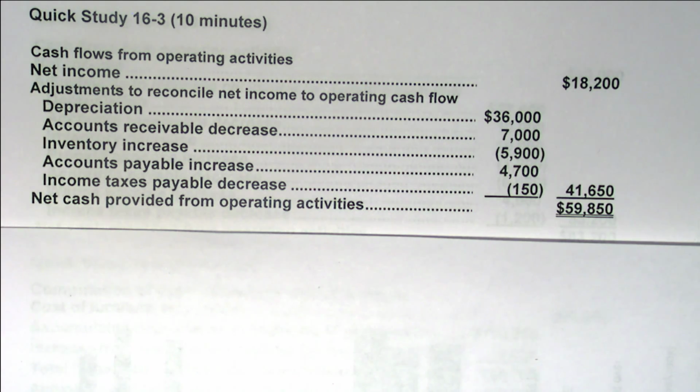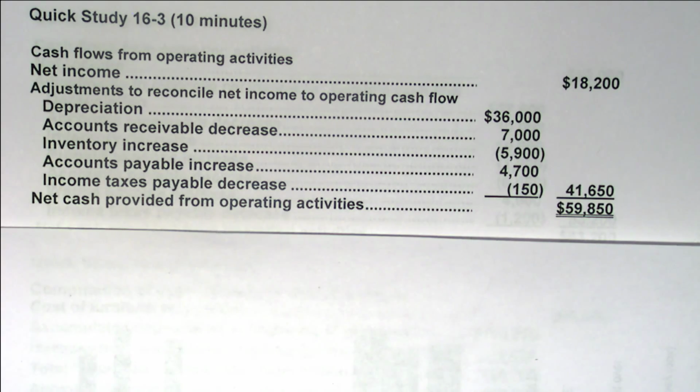What did you do? I'm curious where your mistake was, Henry. I think I mixed up the 7,000 decrease in AR. The decrease in AR, you accidentally subtracted it? I must have messed up the math too. Yeah, so easy to do. Because it's kind of even hard in your brain. Accounts receivable decrease is added, right? It's so easy on those.